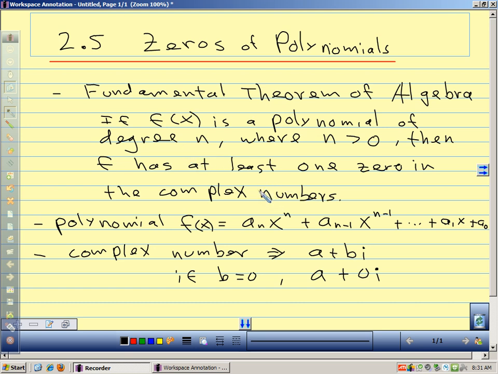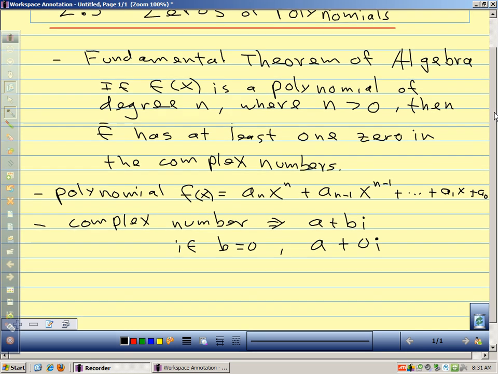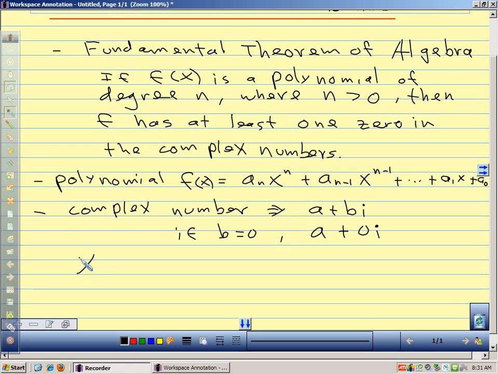Now let's think of a function. Let's just talk about a couple of functions, like y equals x squared. What are the zeros of y equals x squared? Where is y equals 0? What value of x makes y equal 0? x equals 0 is a zero.